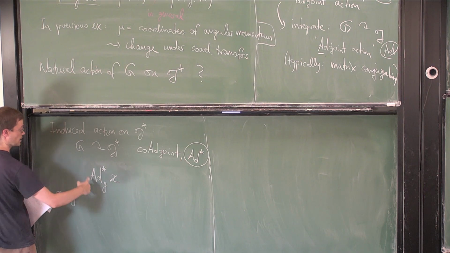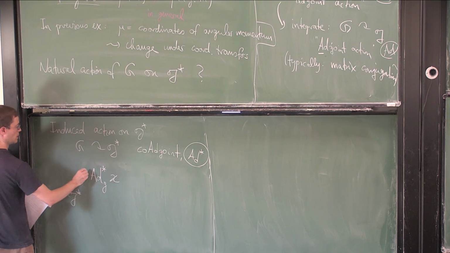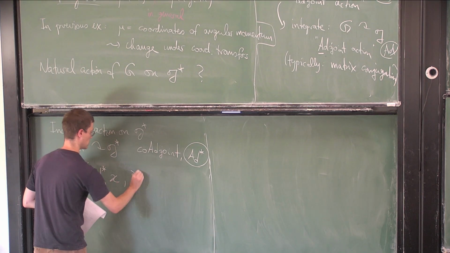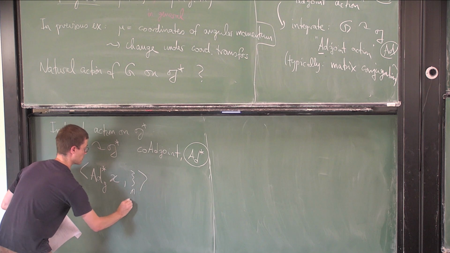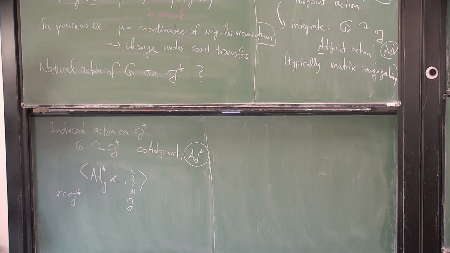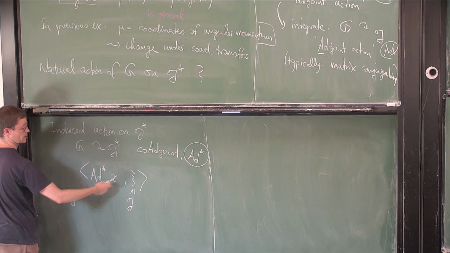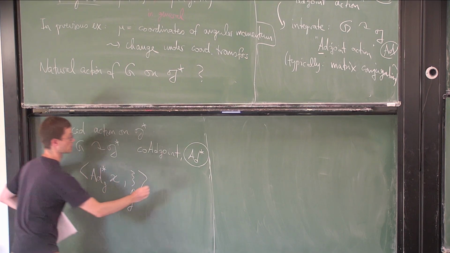This should again be an element of the dual Lie algebra, and the question is how it pairs with an element of the Lie algebra. G star and G have this natural pairing, applying a linear form to a vector.